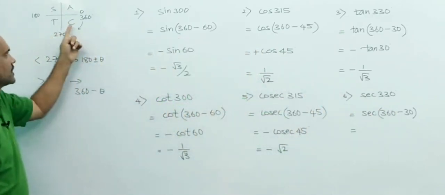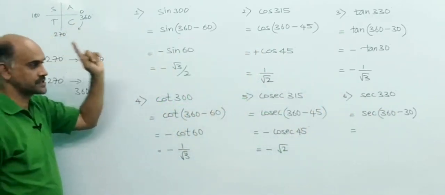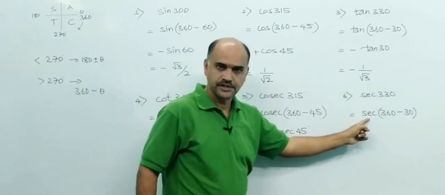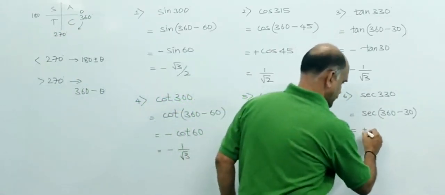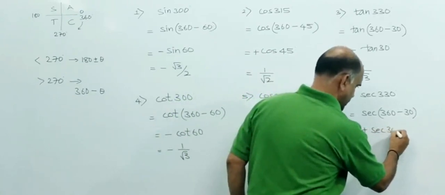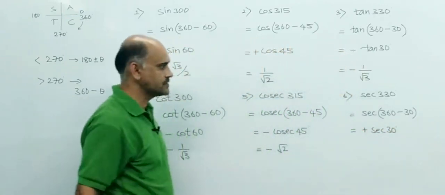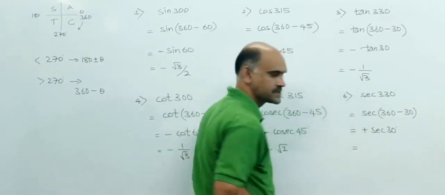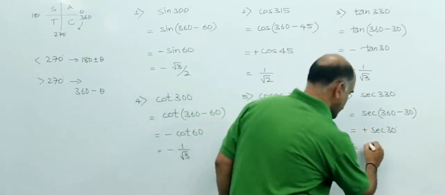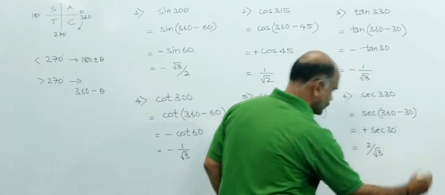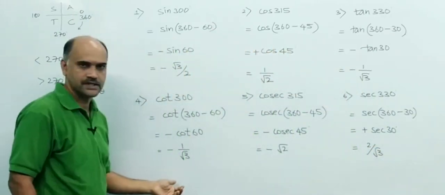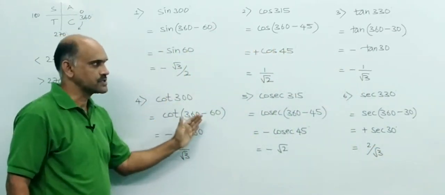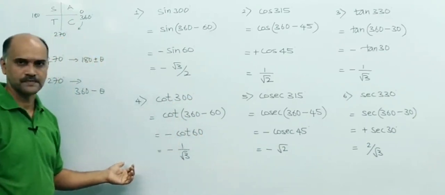In the fourth quadrant, cos and secant are positive. So it will be plus secant 30. Now substitute the value. Cos 30 is root 3 by 2, secant 30 is 2 by root 3. So you will have the answer 2 by root 3. Clear, students? So you can pause, note down the problems.